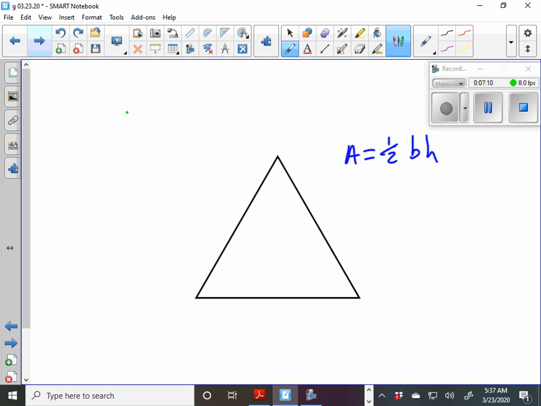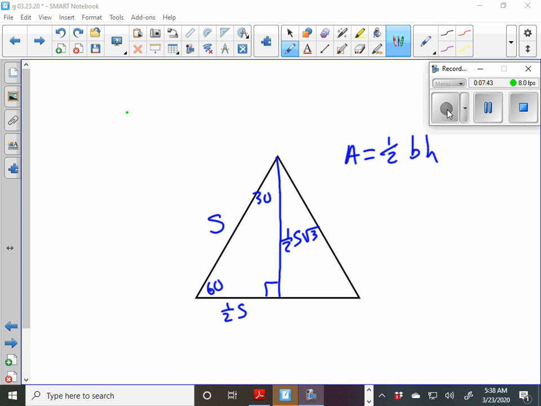Knowing that if I draw this in, and I label this side S, then we know that this has to be 1/2 S. This is a 30, 60, 90 triangle, right? That means my height has to be 1/2 S root 3.